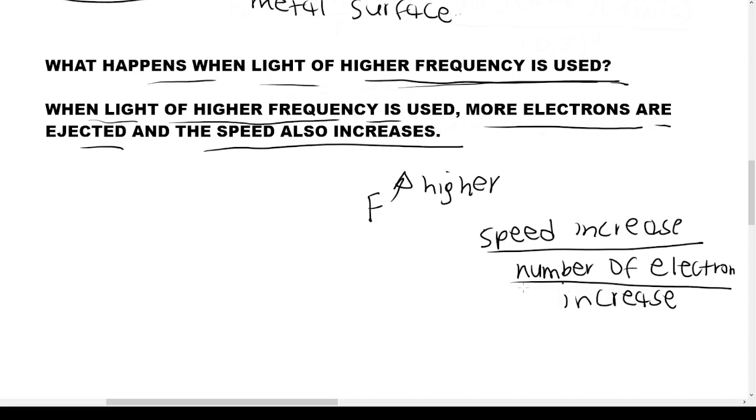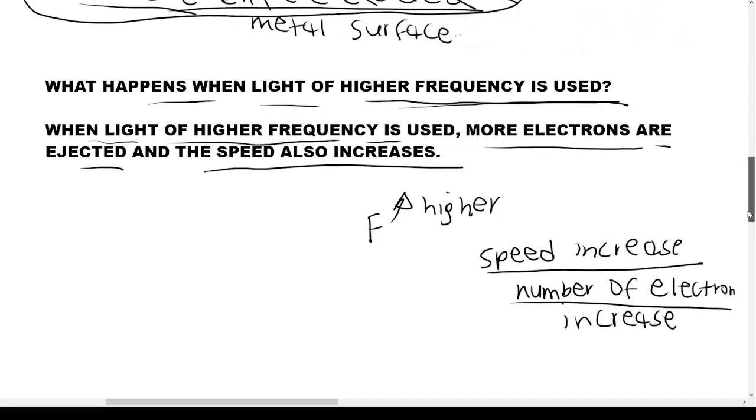So if you change the frequency to a higher frequency, there will be an increased speed and an increased number of electrons ejected. But if you decrease the frequency, it means you are dropping both. There will be a reduced speed and a reduced number of electrons. Okay, I hope you understand this.